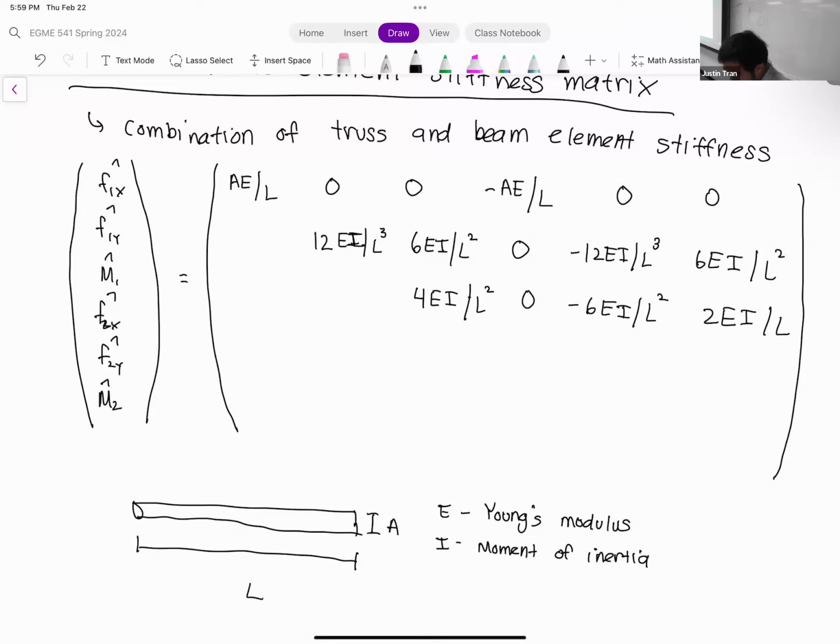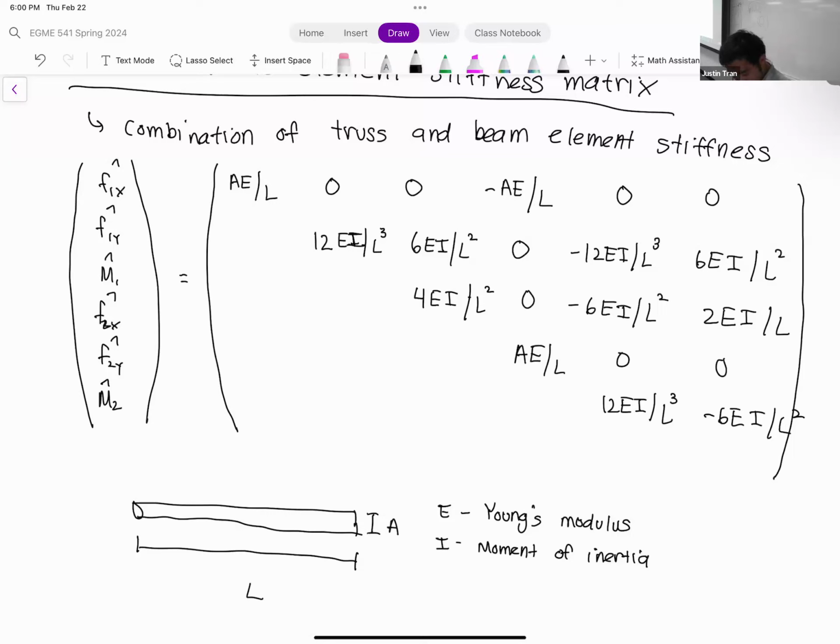Next row is easy. Fourth row is just going to have an AE over L and then 2 zeros. Okay. Second to last row here, we have a 12 EI over L cubed. And a -6 EI over L squared.